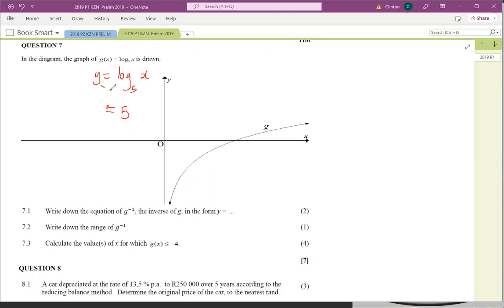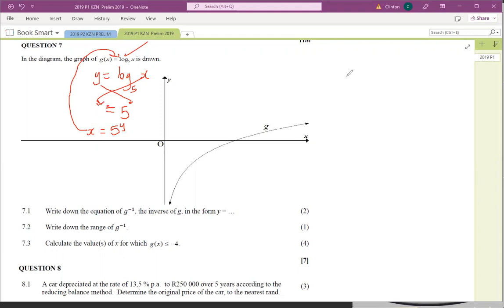Then we do the cross: x equals 5 to the power y. This form and that form are the same thing, but this is the log form and this is the exponential form. It's always easy to work with the exponential form.